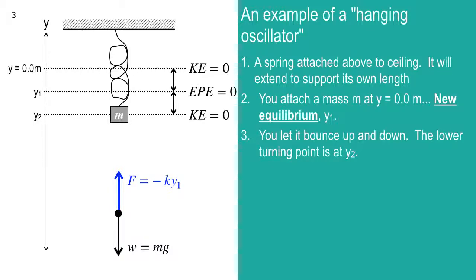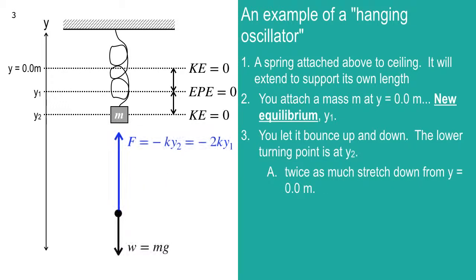Right? So now, at y2, down here, we have extra extension, all right? So we have a bigger force, and we still have the downward force of gravity, but now there's a net force. And there's always a net force at the extremum of an oscillator.